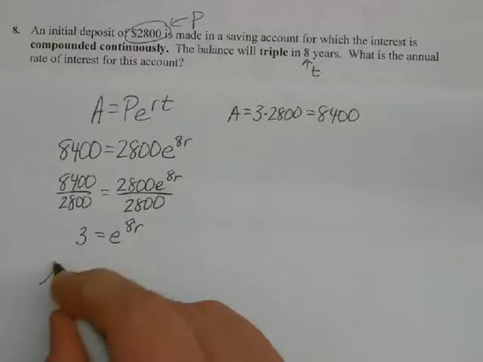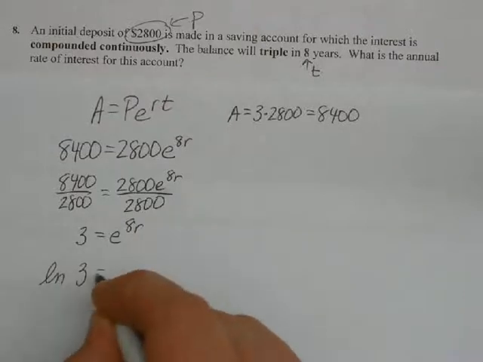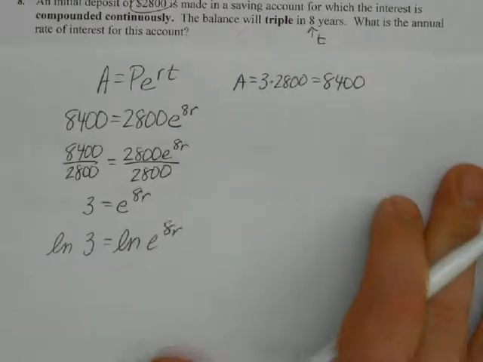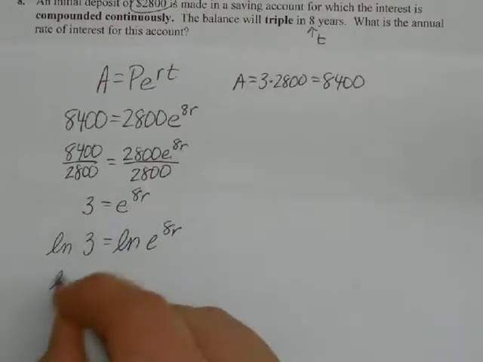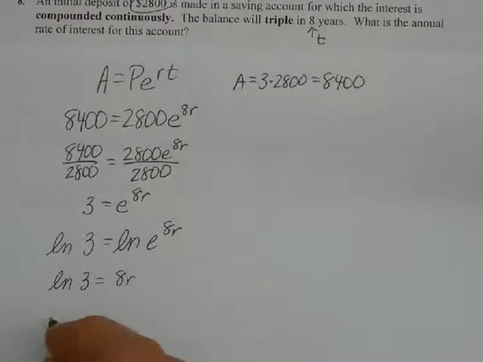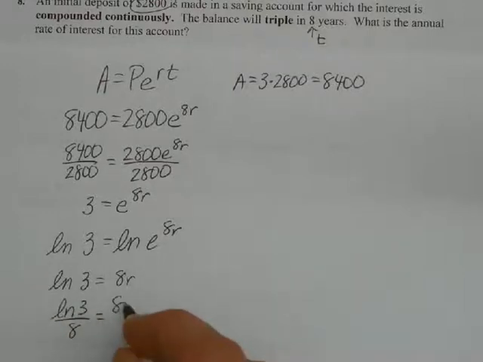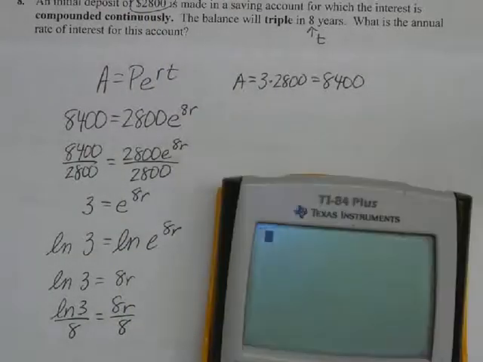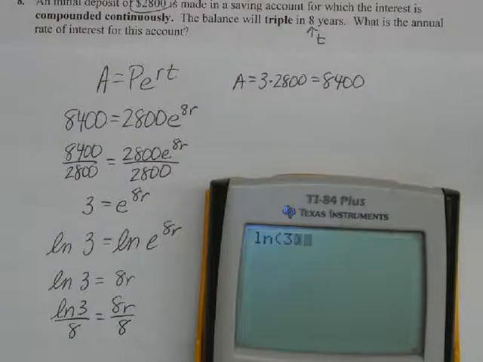So I'll take the natural log of both sides. So natural log of 3 equals 8r. And then divide both sides by 8. And I get about 13.7%.